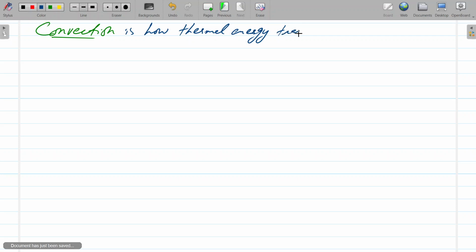Fluids are usually liquids, no? In terms of physics, no.